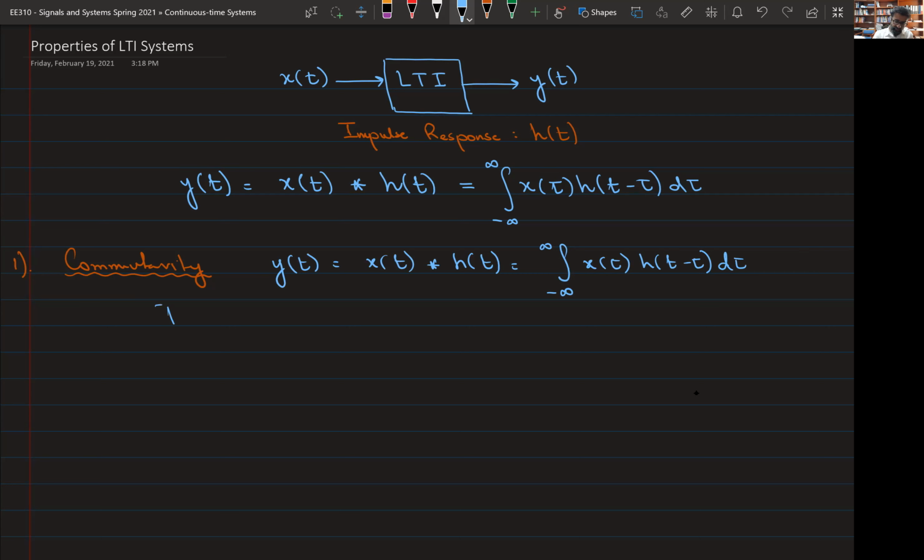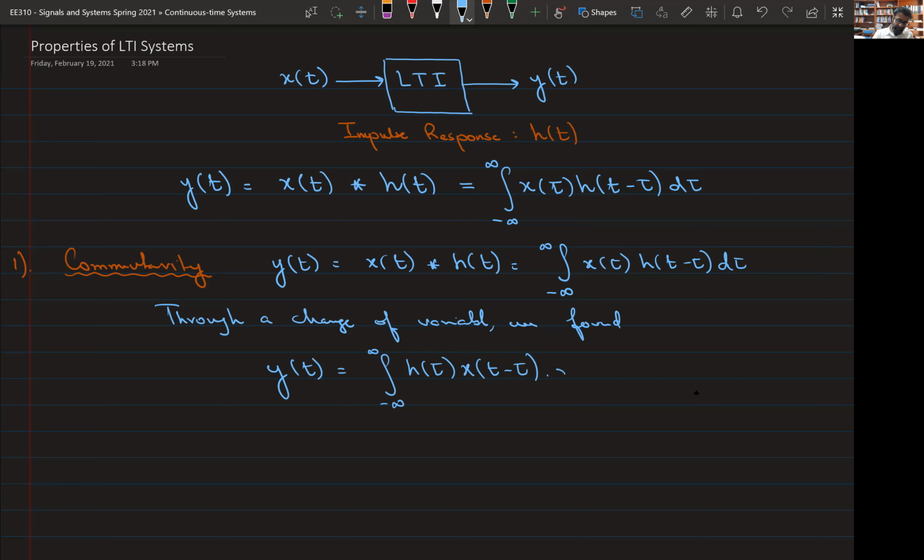Through a change of variables, we found that y of t also turns out to be equal to the integral from minus infinity to infinity of h of tau times x of t minus tau d tau. And I could say this is h of t convolved with x of t. So we did this proof already through a change of variables.